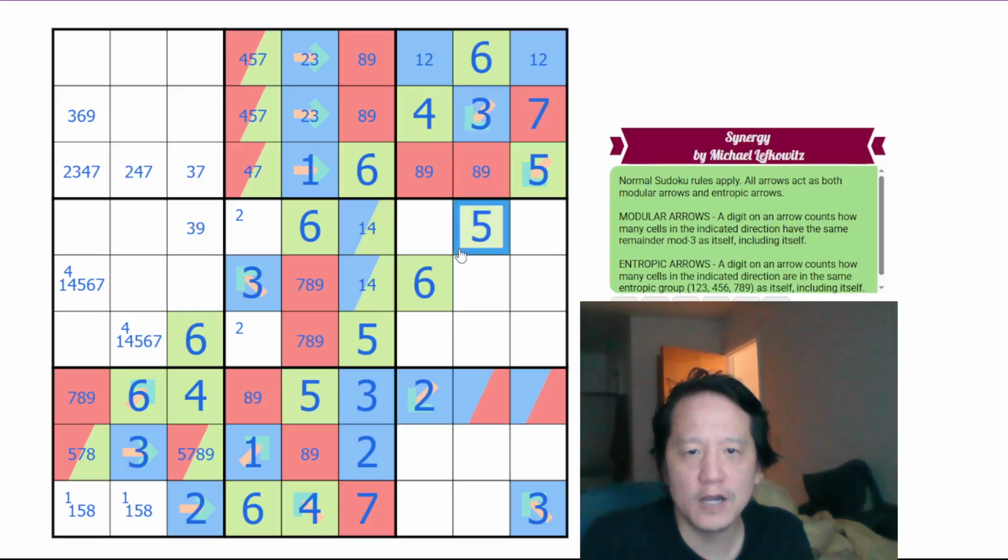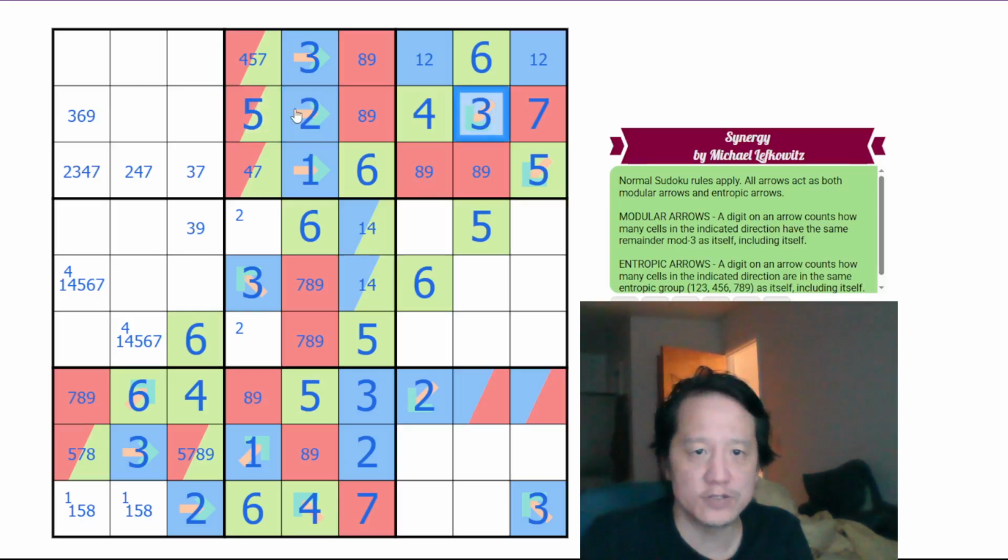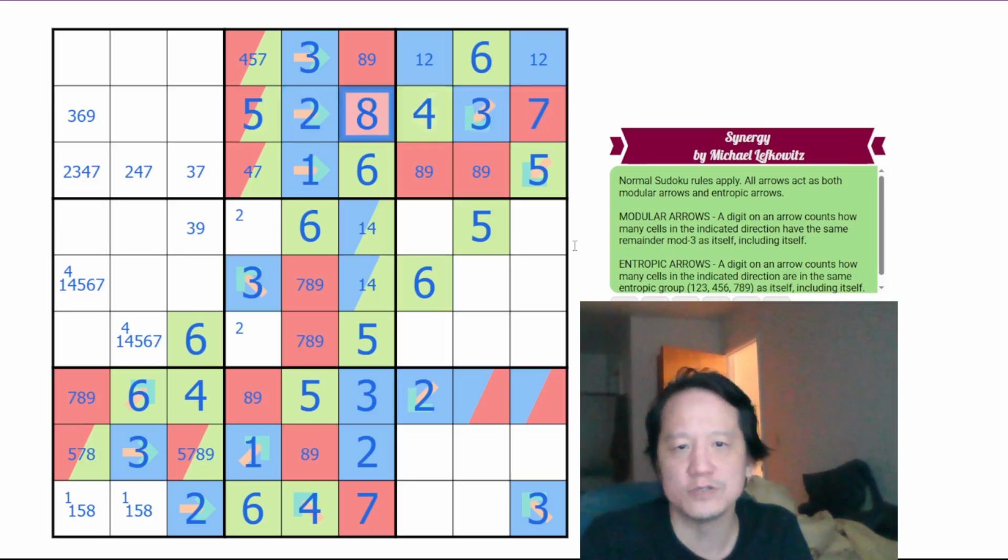This is high. 3 eliminates 3 here, so that's 2, which makes that 3. 3 must have all of these digits be part of the modular set. 4 and 7 eliminate 4 and 7 here, so that's 5. 2 is pointing at 2 lows, and only these are not the same modular set, so this must be 8, and that's 9. This is 5, which eliminates 5 here.